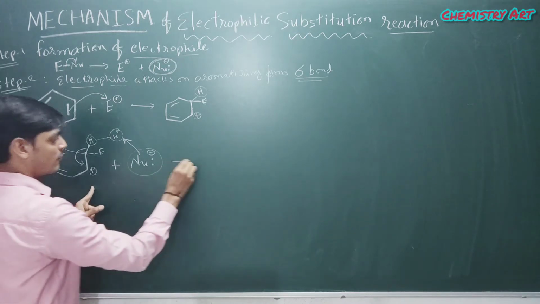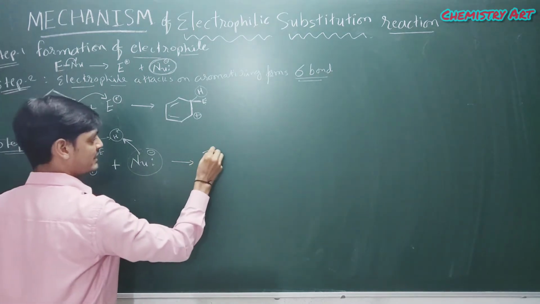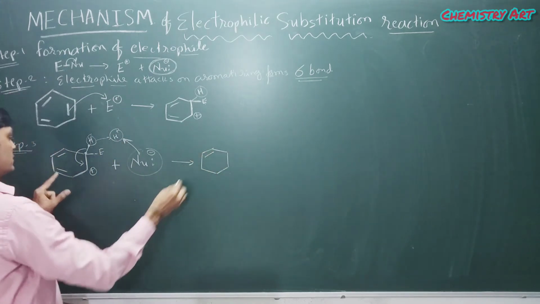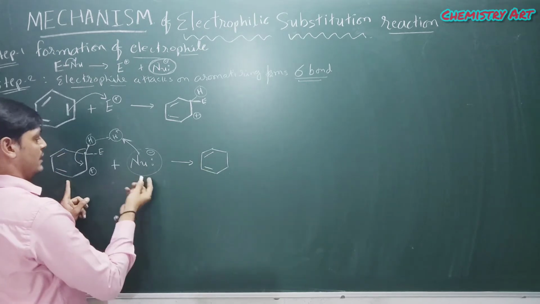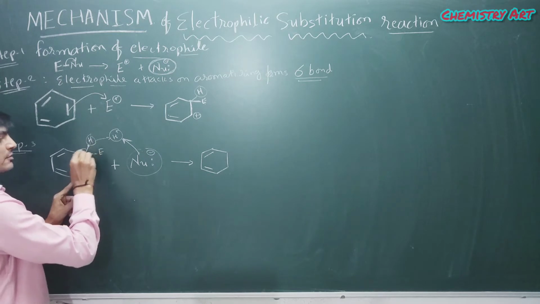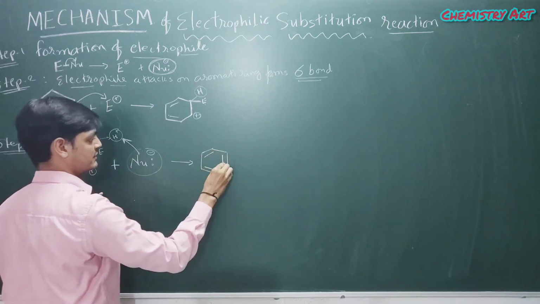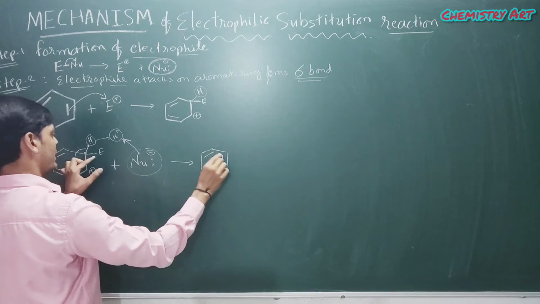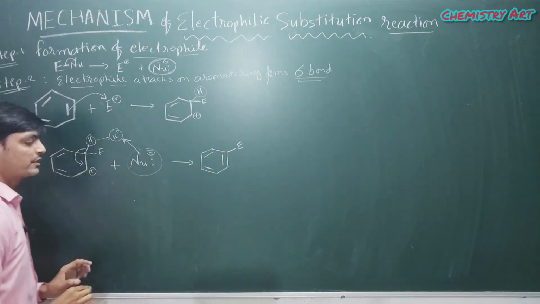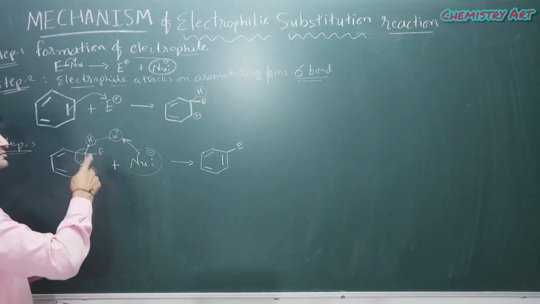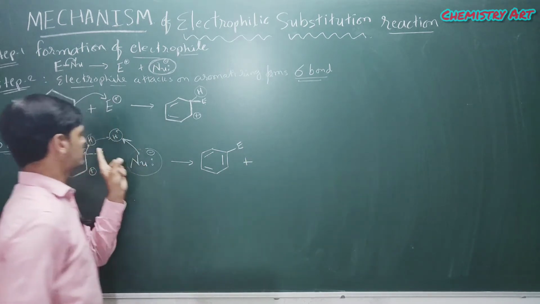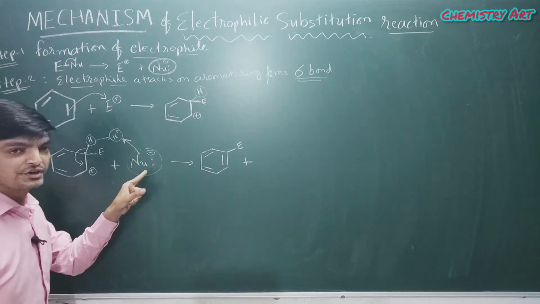Okay, so now what will happen here? The benzene ring, we will draw it like this. This is the bond, this is another bond, and these two electrons of the carbon hydrogen bond will transfer inside, so there will be no charge, and this electrophile which is there now has substituted this hydrogen, and this hydrogen will move with the nucleophile.